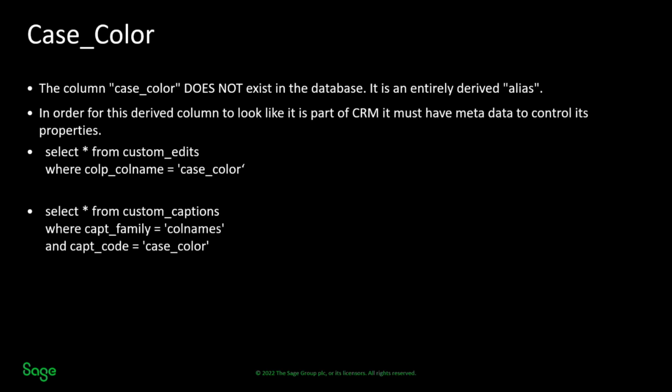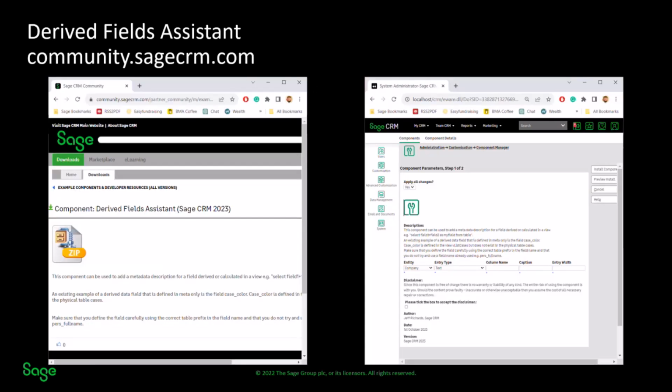But how can we, for a column that doesn't exist, create the supporting custom edit and custom caption? Well, we've added some tools here. Again, there's a derived fields assistant that makes it easier for you, where you are defining a view that makes use of a derived field, to then add in the appropriate metadata definition.